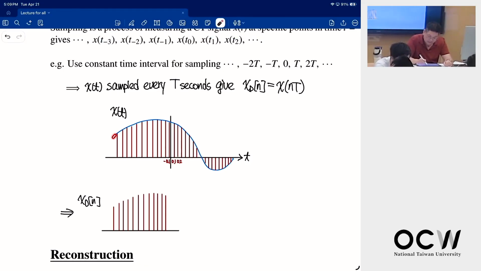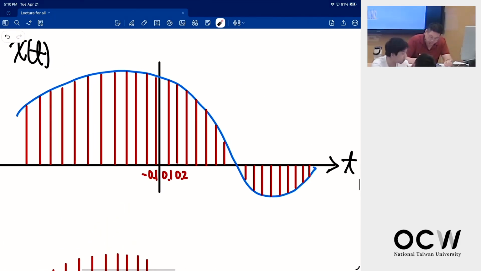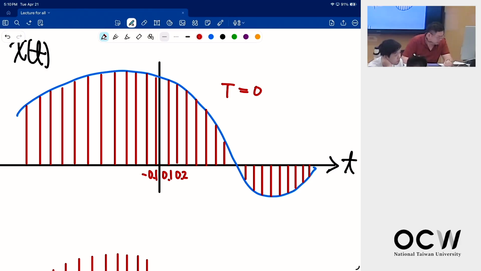So this is our continuous time signal here, the blue line. For the blue line, I sample it. So for example, every 0.1 second, I sample it. So here you see 0.1, 0.2, 0.3, minus 0.1, and so on. So this sampling time period is 0.1.